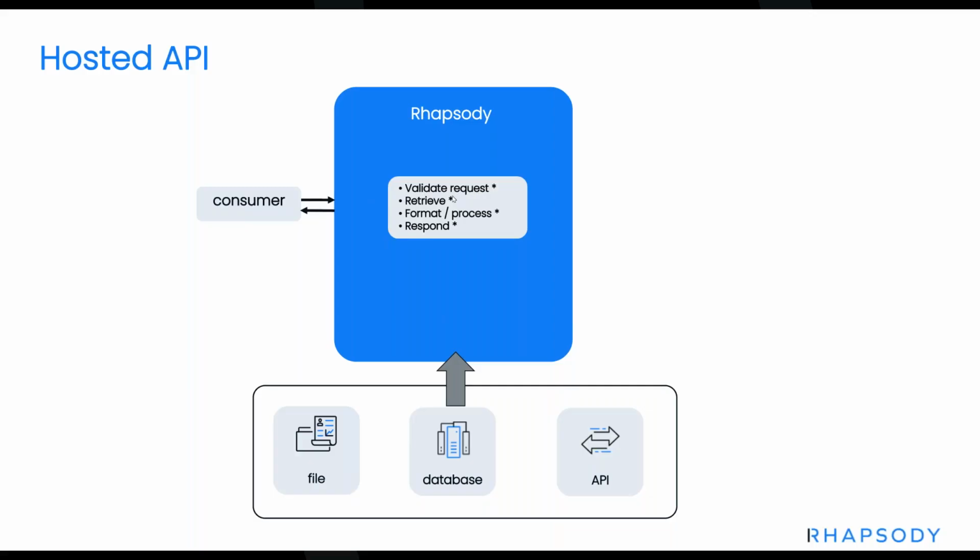And that request determines potentially how our retrieve is done. That may be different depending on what the call was. How we process and format the data, potentially different for each call, and what our response is and what the body of that response will be changes potentially with each call.